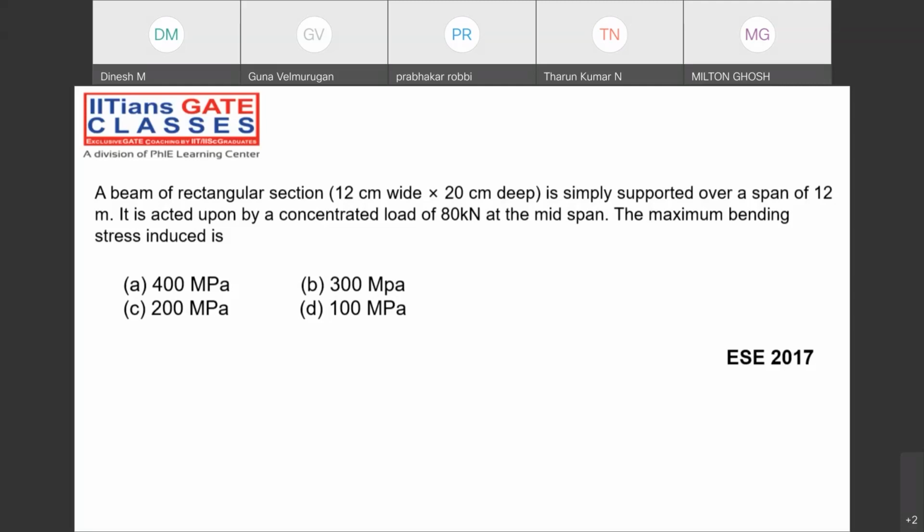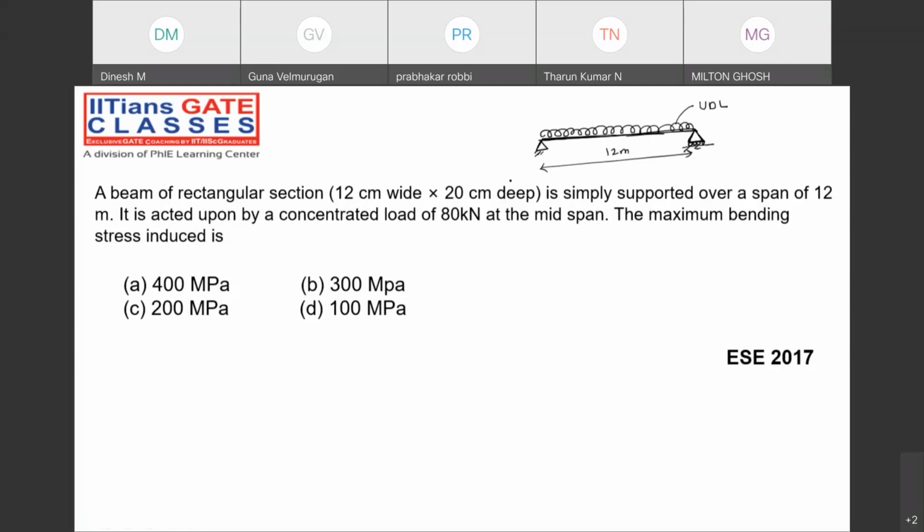Very first of all, there is a beam, which is a simply supported beam. Now it is subjected to a load over a span of 12 meter.